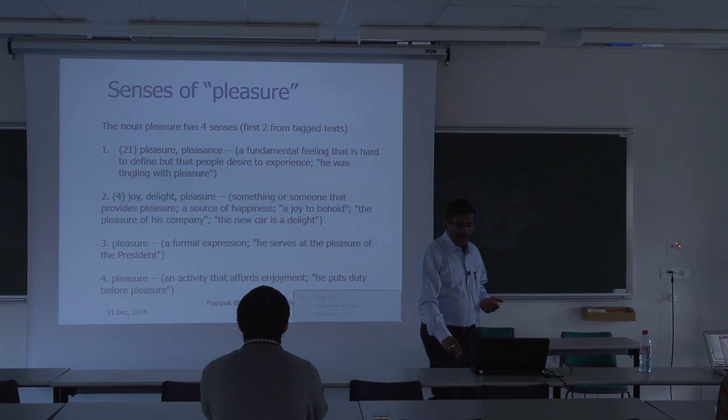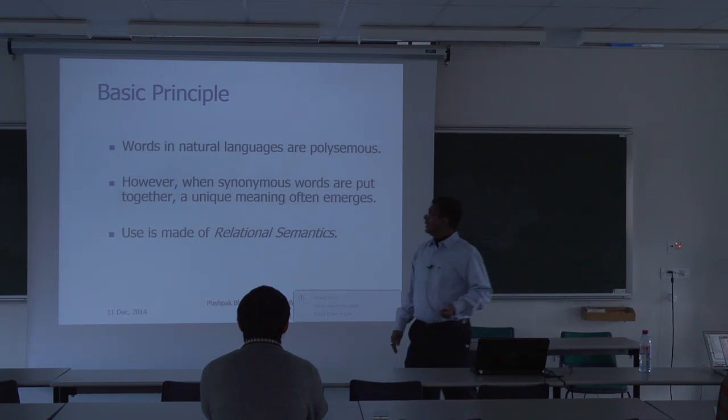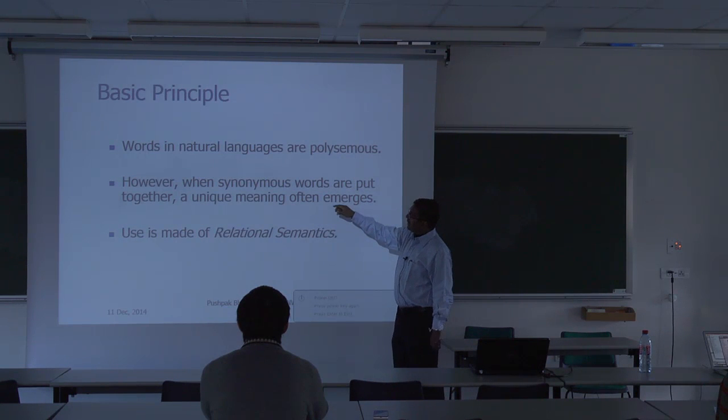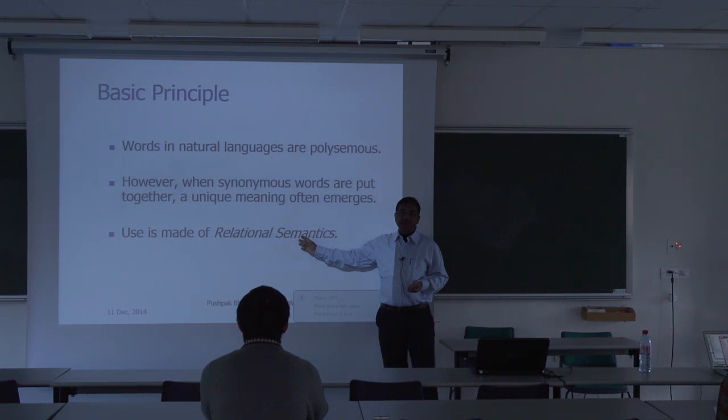Okay, and the basic principle is this: words in natural languages are polysemous. However, when synonymous words are put together, a unique meaning emerges, and we make use of what is called relational semantics.